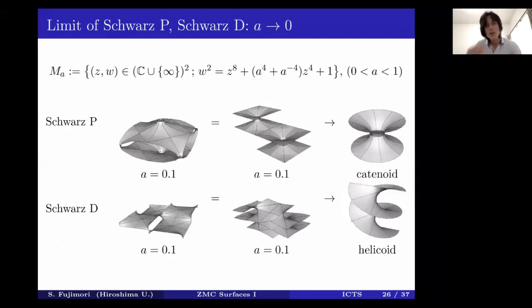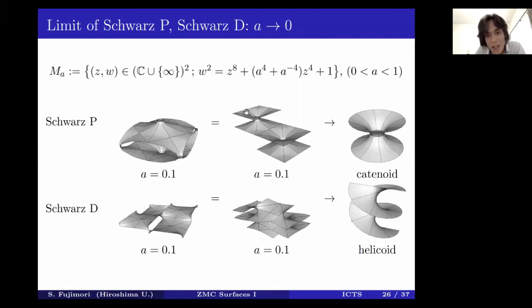Okay, and we want to know the limit of the surface. So first we consider the case A goes to 0. Now this is the surface with A equal 0.1. And then since this surface is triple periodic, we cut the surface and translate the surface. Then we first cut the top half, go to the under of the bottom half, and then we move this part to here and this part to here and so on.